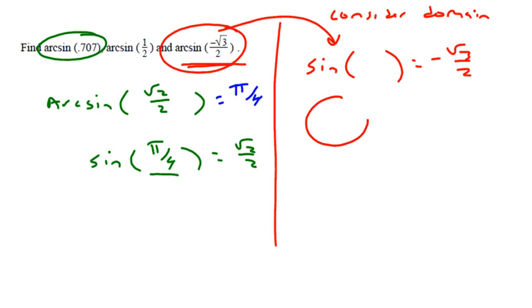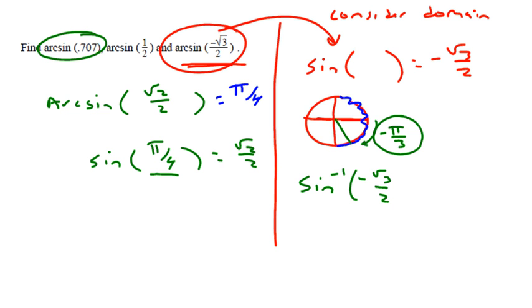Well, if we think about that, here's our graph, here's sine, and we're just looking at this portion of our graph. So that's down here, and that would be -pi/3. So sine inverse of -√3/2 equals -pi/3.